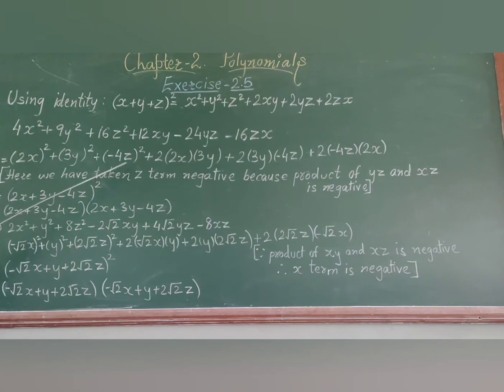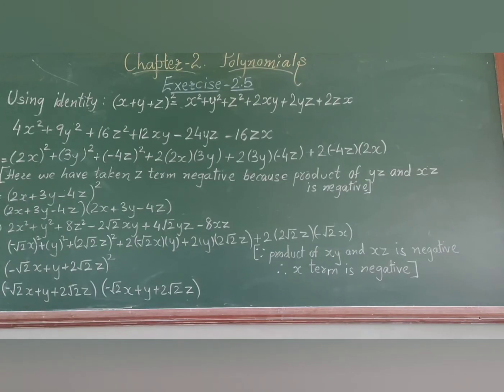Plus 2 into 2x into 3y, plus 2 into 3y into minus 4z, which is our fifth term: 2 threes are 6, and 6 into minus 4 is minus 24yz. And the last term is 2 into minus 4z into 2x: 2 into minus 4 is minus 8, and minus 8 into 2 is minus 16zx.